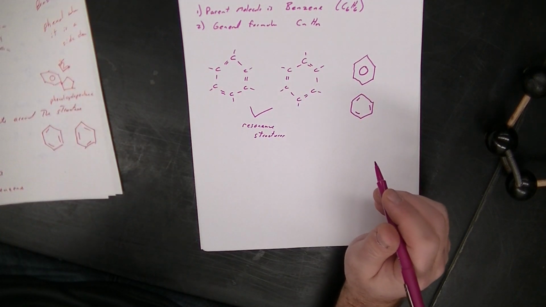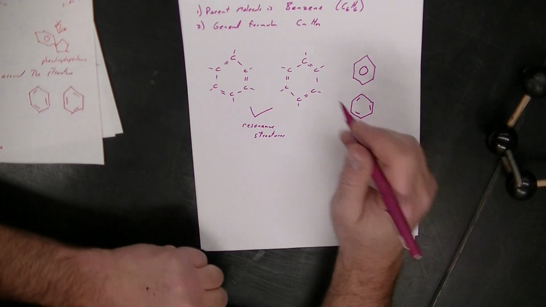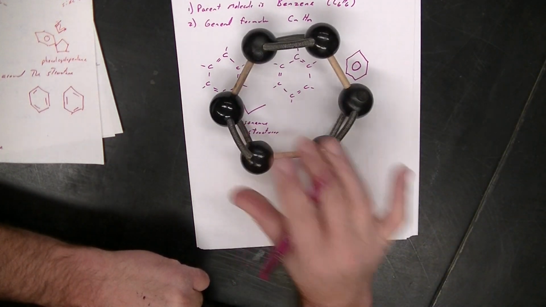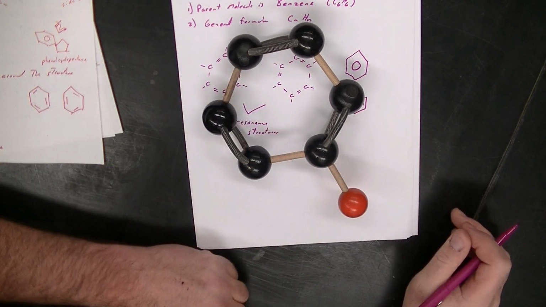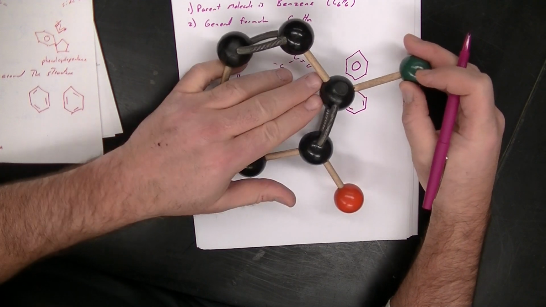What do I want to do next? We can put side chains off our benzene ring. We can take our benzene ring, take a hydrogen off, and put a bromine atom on. Or we could put a chlorine atom on.